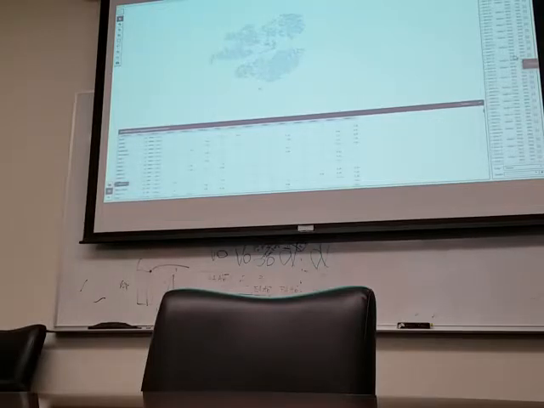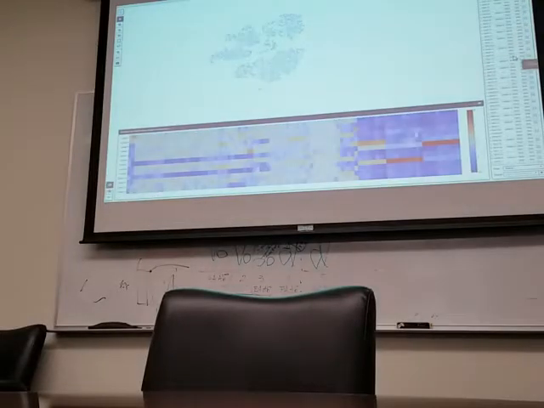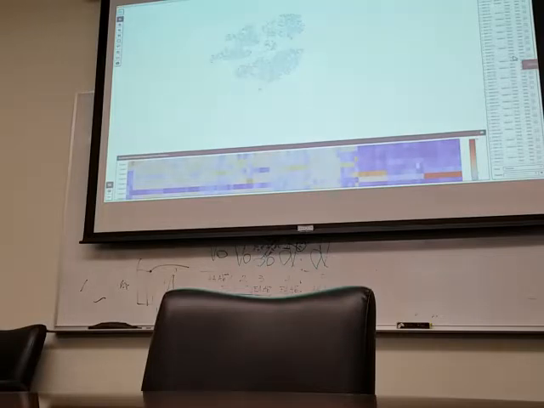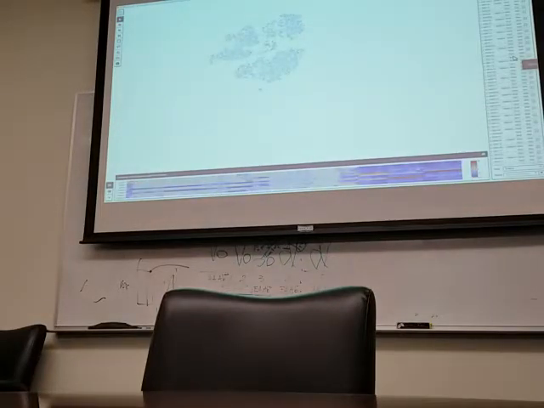Right, so basically what I was going to do is, an example would be V1.2 J5, that's the heavy chain. Then for the light you have V136 and J1.